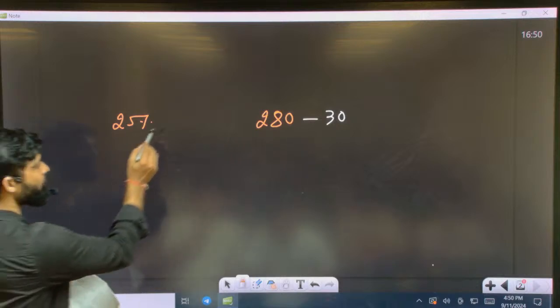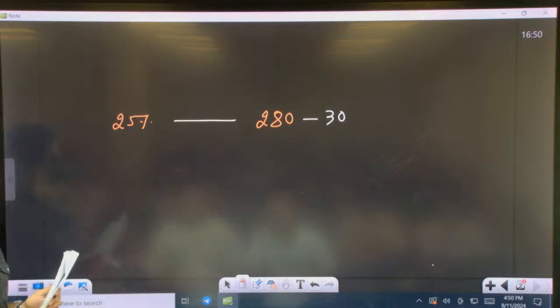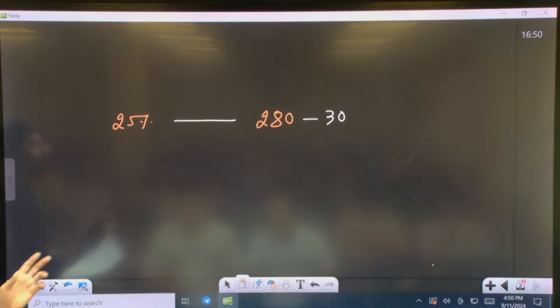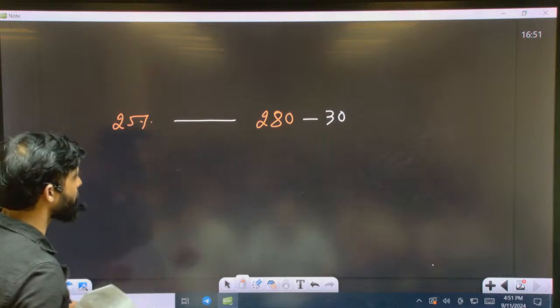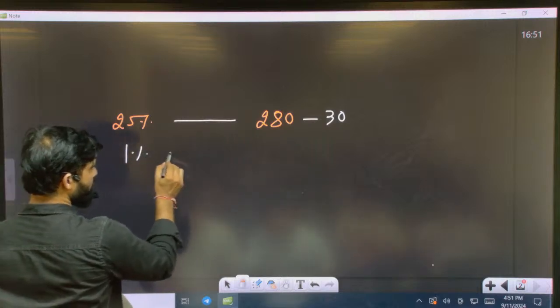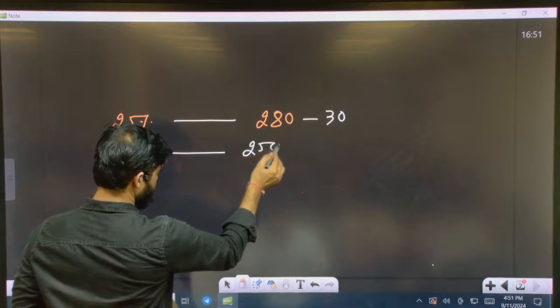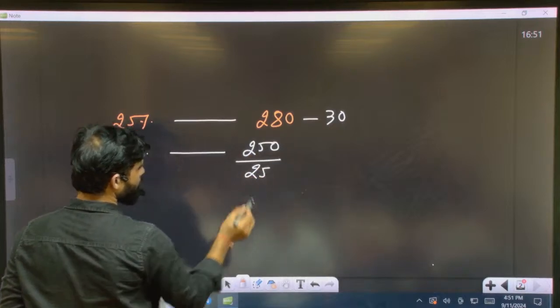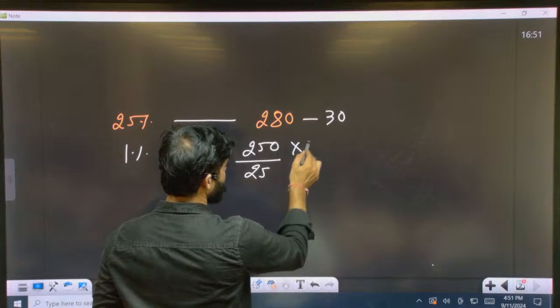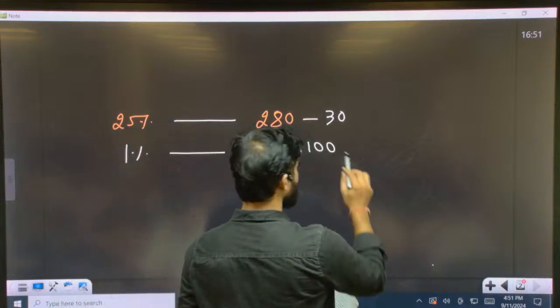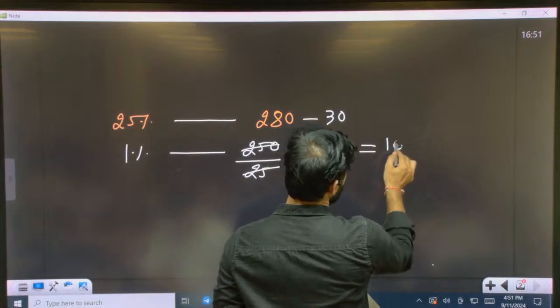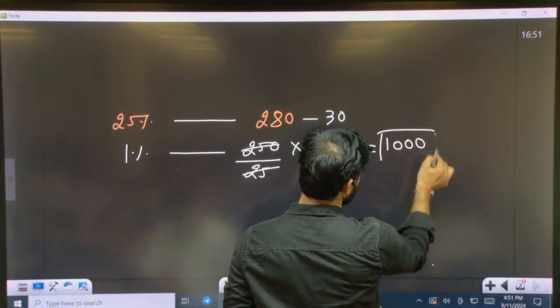I can say the value of 25 percentage is 280 minus 30. And for maximum marks, we have to find out the value of 100 percentage. Very good. The value of 1 percentage, if we multiply it by 100, will be the maximum marks of the exam, and the maximum marks of the exam is 1000.